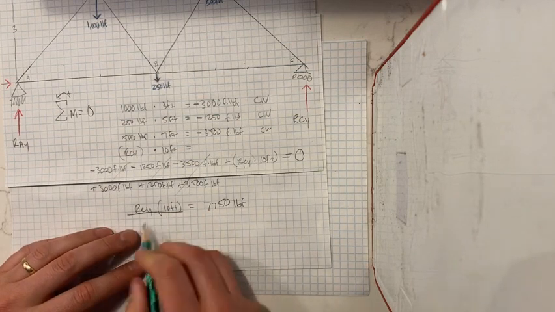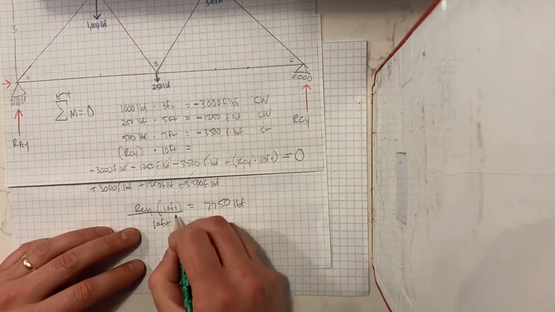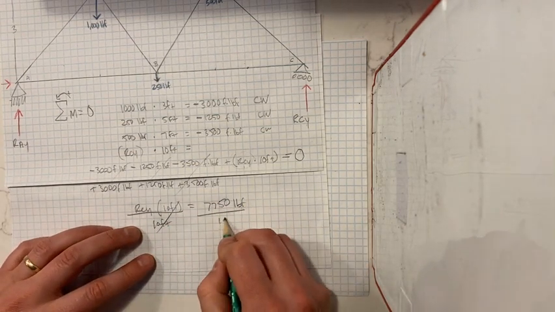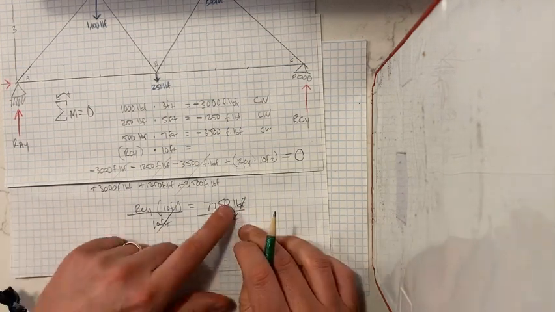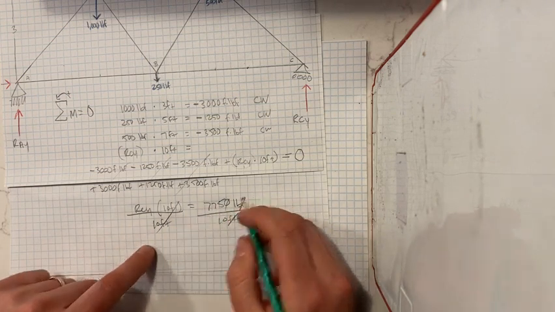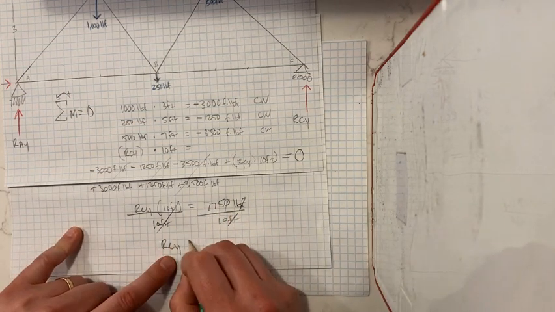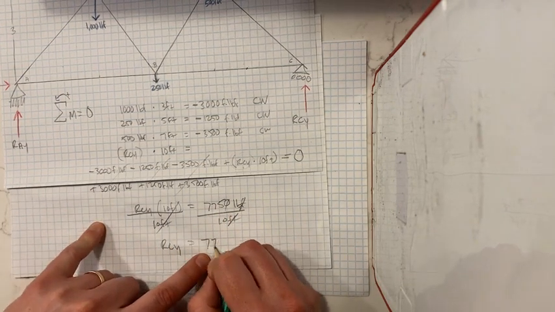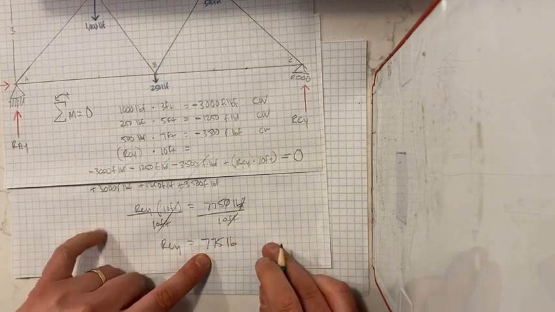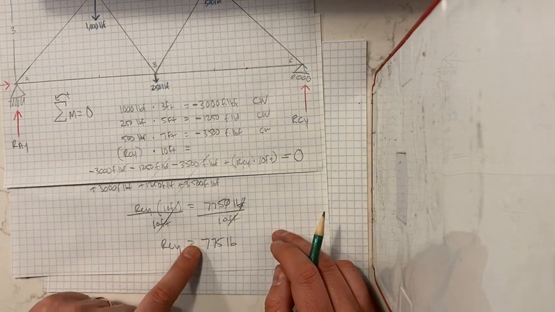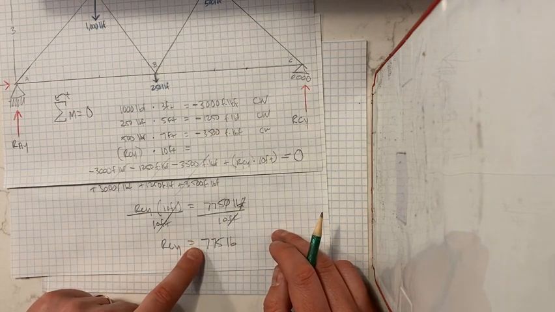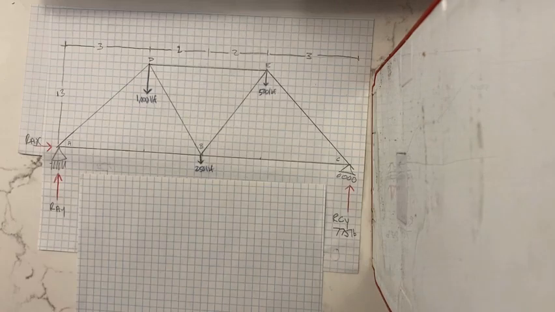Then when you divide by 10 feet on both sides, this F goes away, these feet go away, and this 0 goes away. So RCY is equal to 775 pounds in the positive direction, so that's going to be a positive number. That's our RCY for this truss.